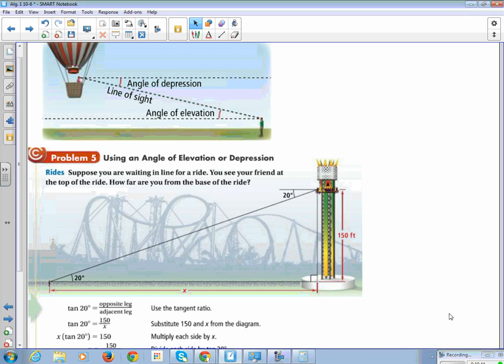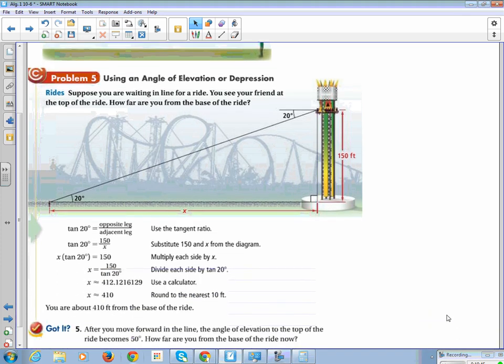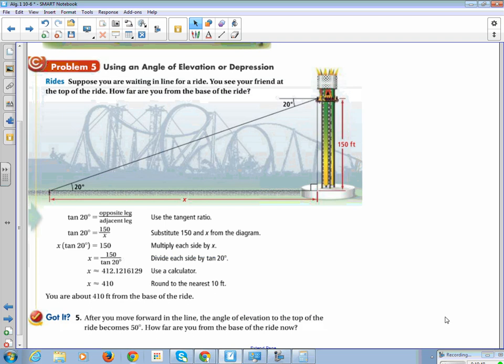Okay, so let's look at this problem together and then we'll answer this sample question. We're going to use trigonometry to solve this. Suppose you're waiting in line for a ride with all these other people at the bottom and you see your friend at the top of the ride.